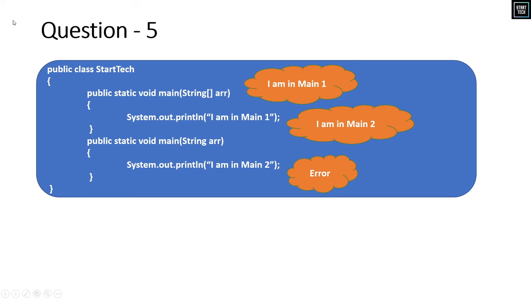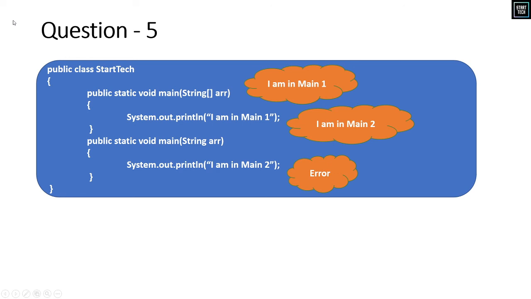Why does this output come? We can overload the main method, yes, but the JVM, Java Virtual Machine, will always call the main method which has a string array argument.